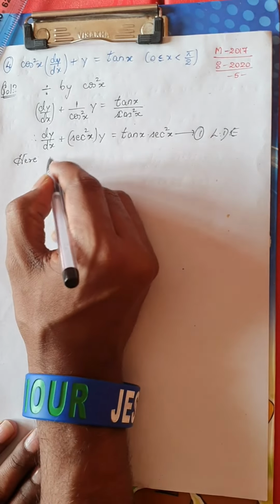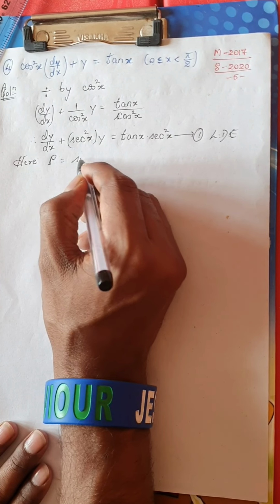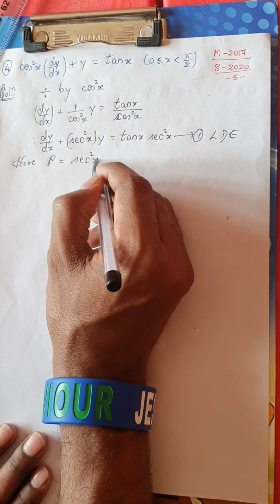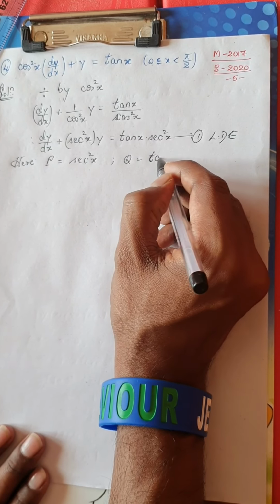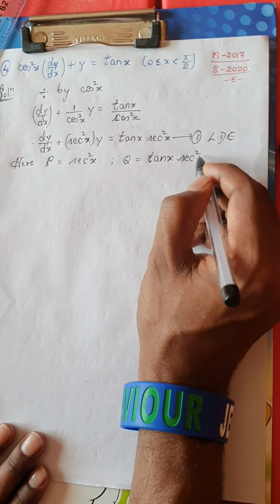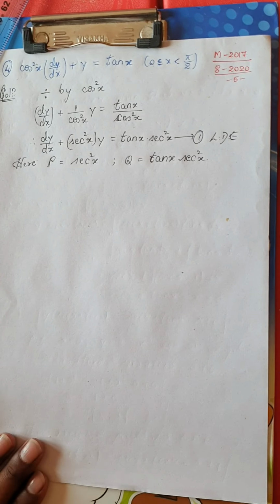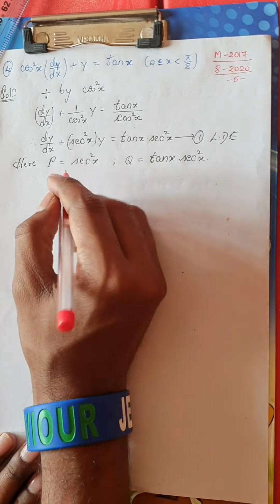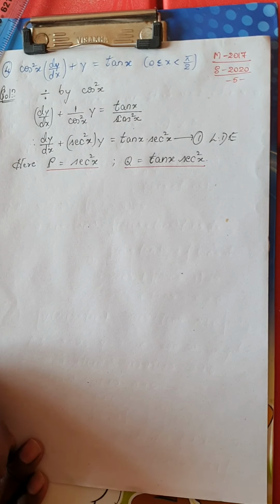Once the equation is in the standard form, kindly write down the values of P and Q. Your P would be secant square x and Q would be the right hand side part, that is tan x into secant square x. Once this part is ready, your regular thing is you have to find out the integrating factor.